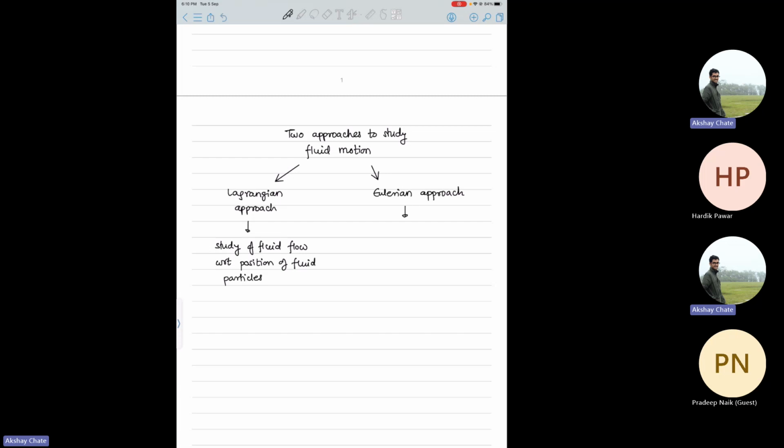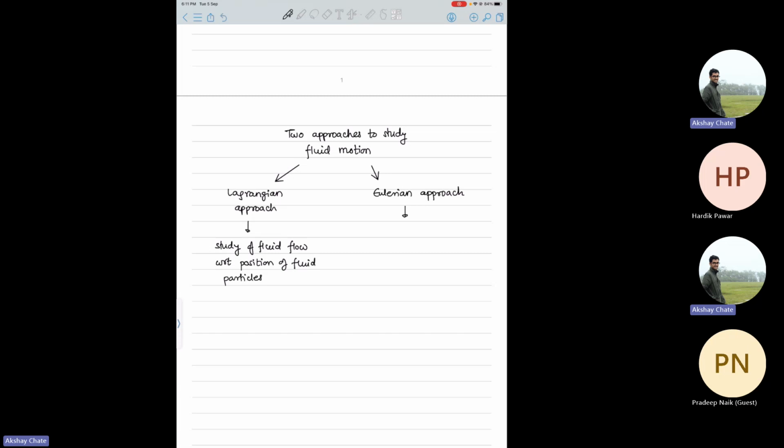Whereas in the Eulerian approach, you basically fix your area or volume of analysis in the fluid domain, and then you only consider the particles entering that area of observation and leaving that area of observation.